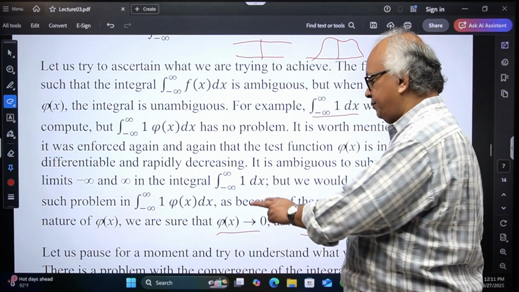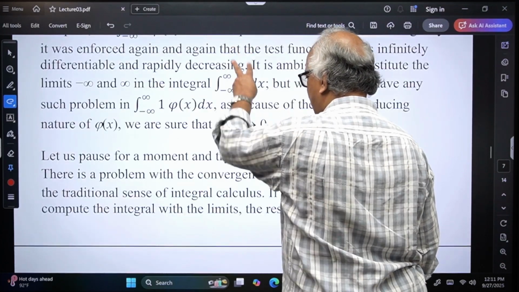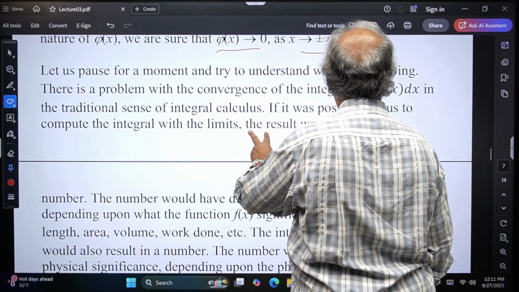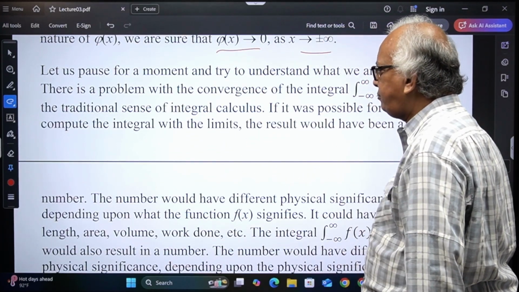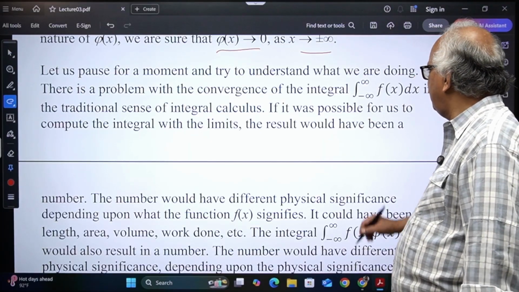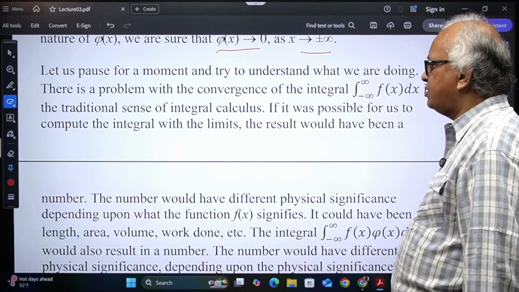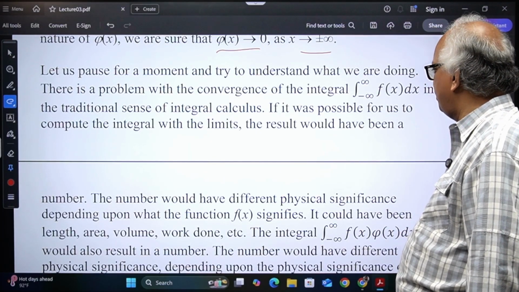generalized distribution. Let us pause for a while and try to understand what we are doing here. There's a problem with the convergence of the integral of f(x) dx in the traditional sense of integral calculus.